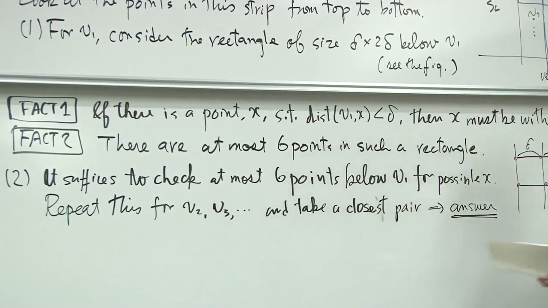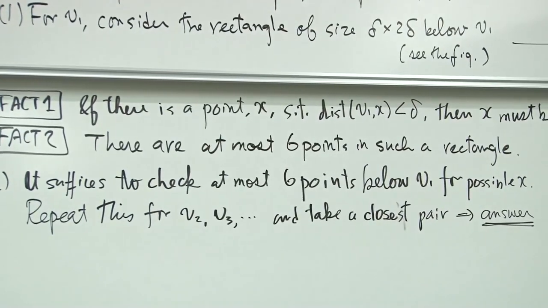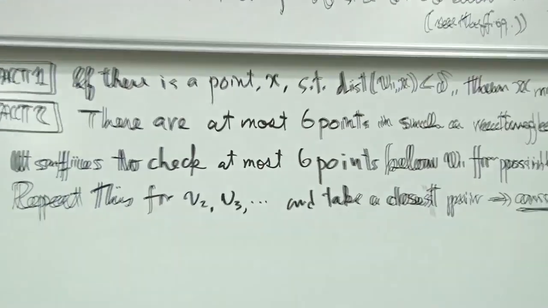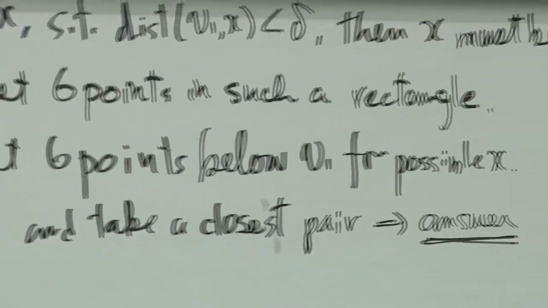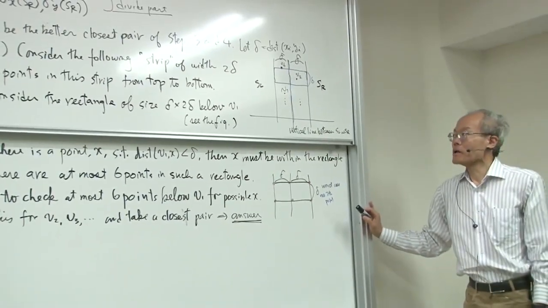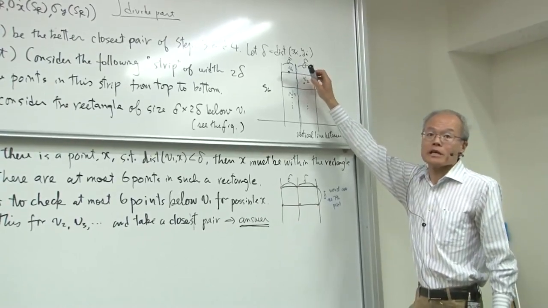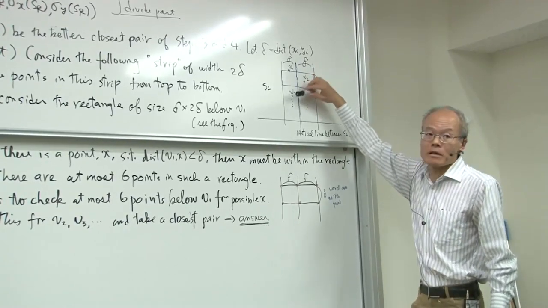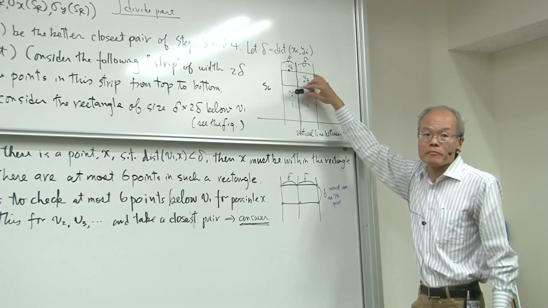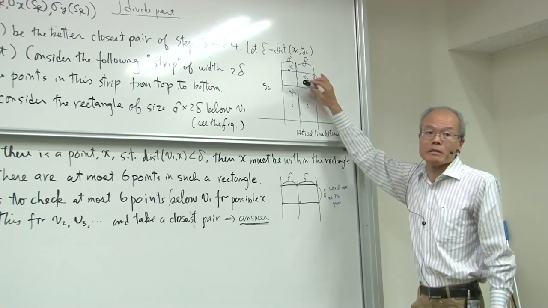So just repeat this for V2, V3, and so on, and take the closest pair. That is our answer. Once again, look at V1 first, then check the 6 points below V1 for a possible correct answer.